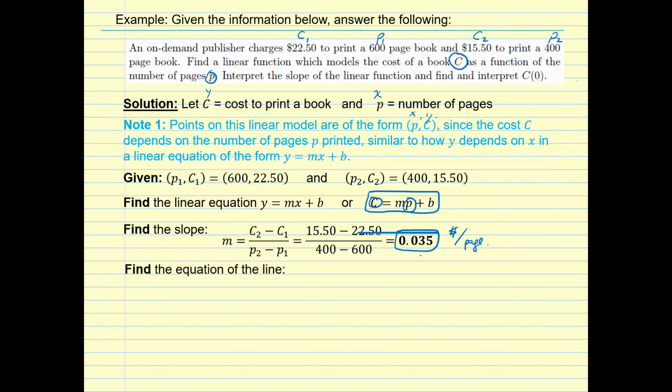To find the equation of the line, you go back and use the slope and a point. This is what we call the point-slope form, where C1 is going to be a number, P1 is a number, and m is a number, and the P and the C will remain letters.